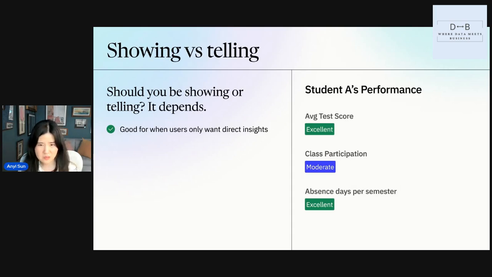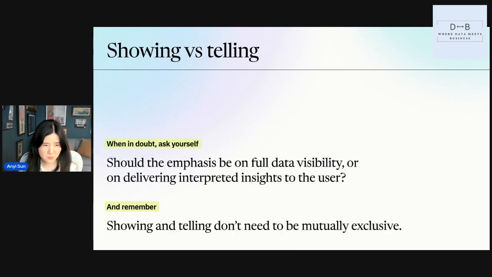A lot of times when we design for data heavy products, we need to be able to do both of those. So whether you want to lean towards showing versus telling, you can ask yourself: should the emphasis be on full data visibility, or should we focus on delivering interpreted insights to the users?